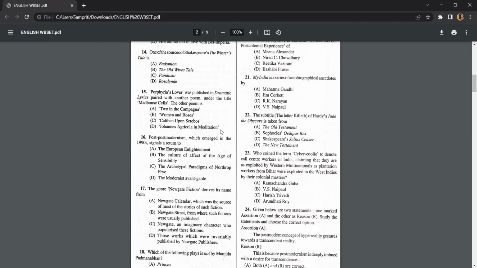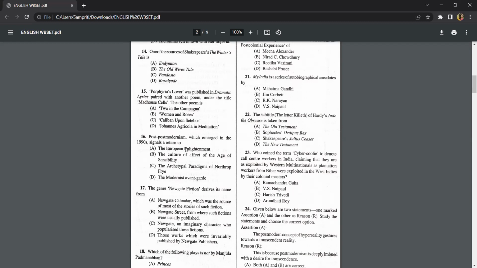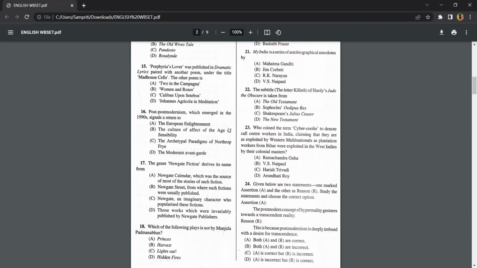I will mention this. Okay, postmodernism. I don't know why they asked this. They sometimes ask questions like that, which emerged in the 1990s, signals a return to... well, I have no idea about this.